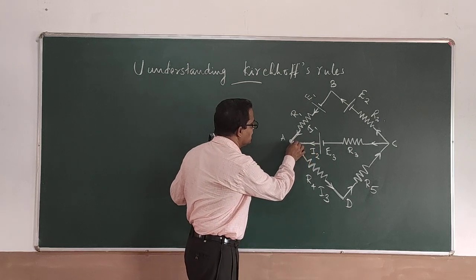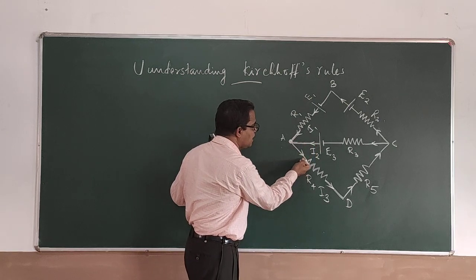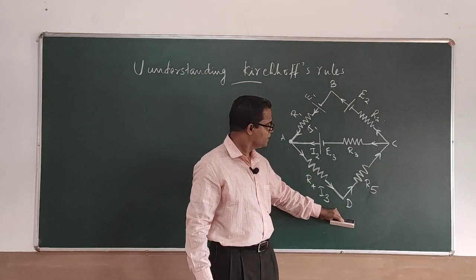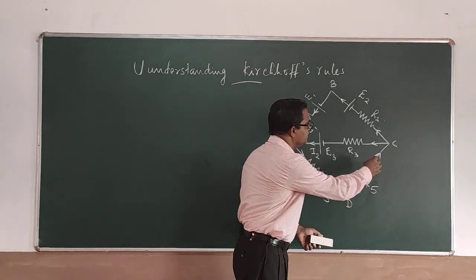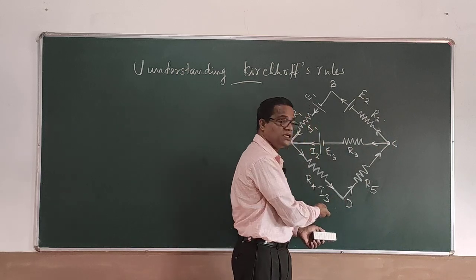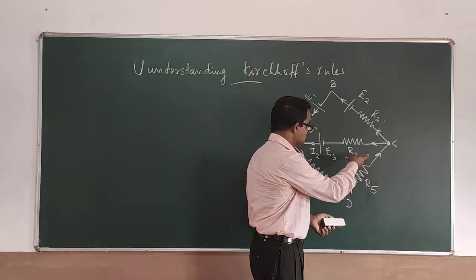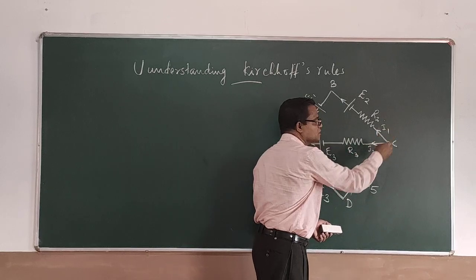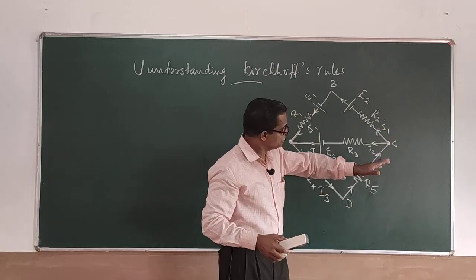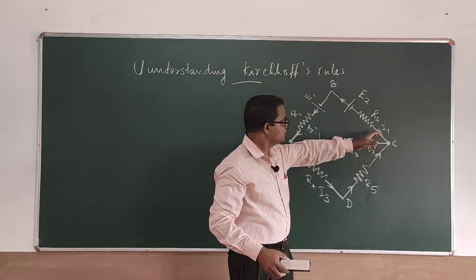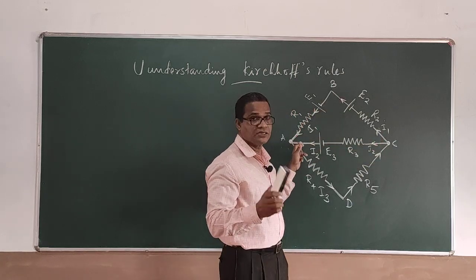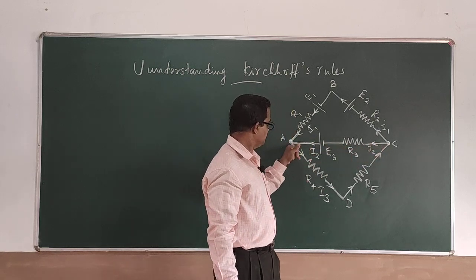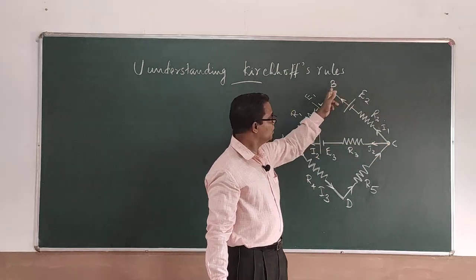Both the currents meet at this point and flow out along this direction as I3, and it reaches here, and that I3 splits into two, as I2 along this way and I1 along this way. Now when you do the splitting here, in one path only one current flows. So I2 will come along this way, I1 must flow along this way.